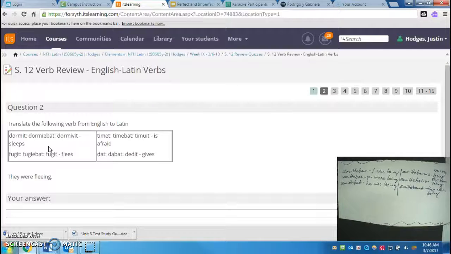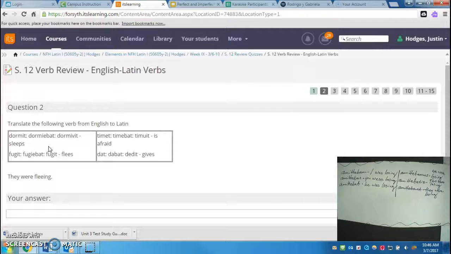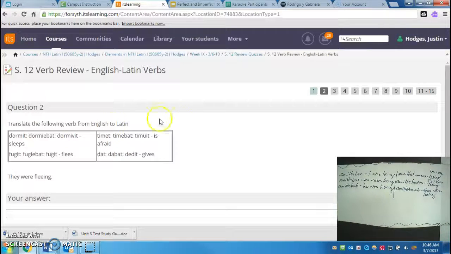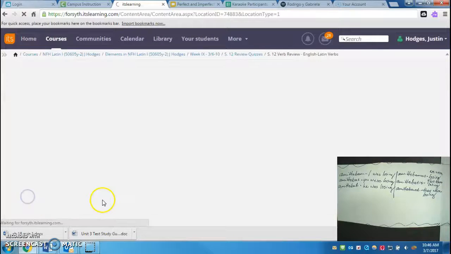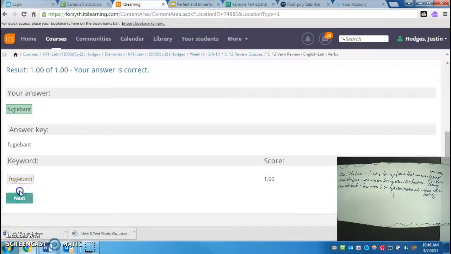Look down here. We're looking for which one of these forms means that they are doing something. You can see down here, amittebant means they were losing. So we take fugiebat, replace it with our bant ending. Fugiebant means they were fleeing. Great.